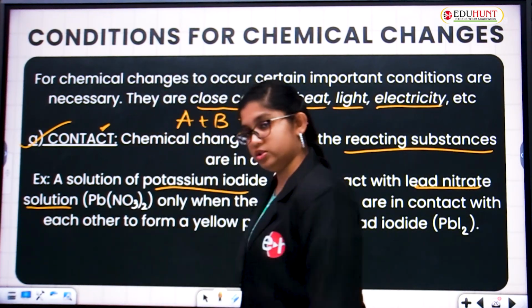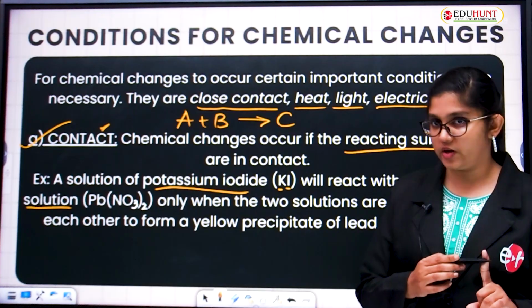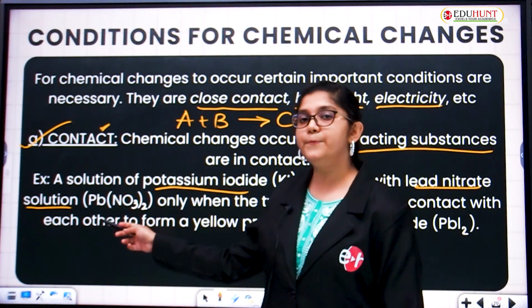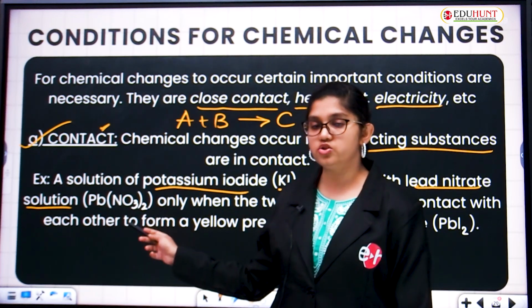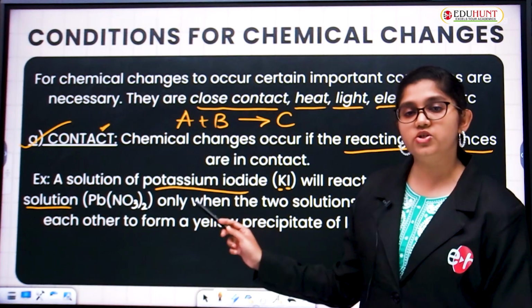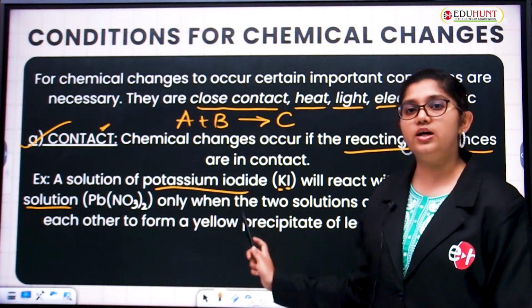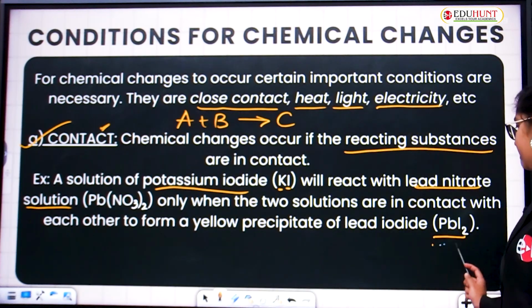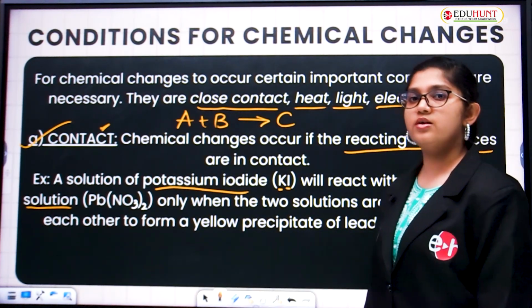The formula is Pb(NO3)2. These two solutions come in contact with each other for a chemical reaction to occur and give the product PbI2.